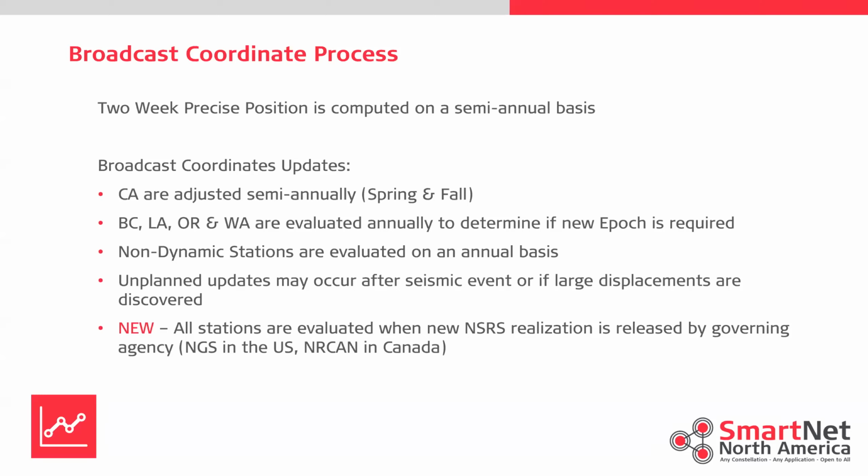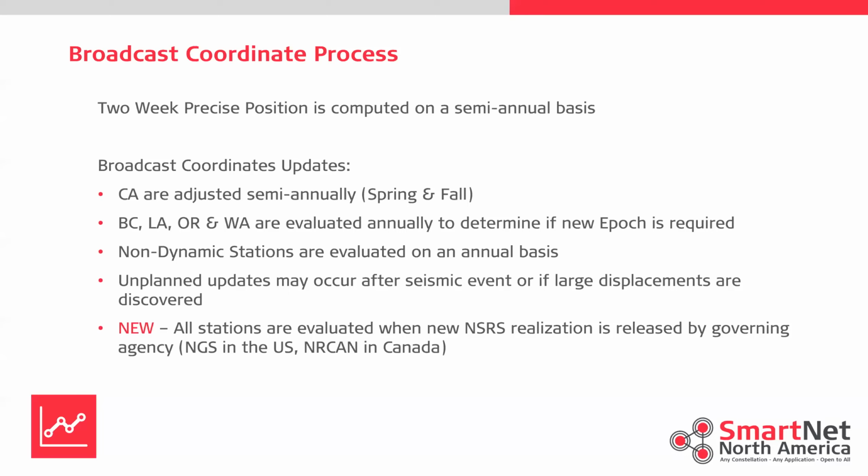We look at that. We see if we need to update, but we were literally within weeks, maybe a month or so of the fall adjustment, so we didn't touch anything there. But we look at that if seismic events happen. Even a couple years ago when there was a seismic event in Virginia, we analyzed things to see if there's any shifts or movements that we need to make an unplanned update for.